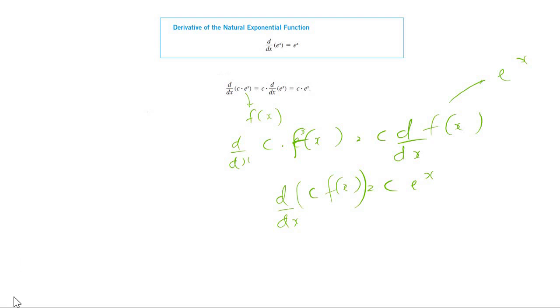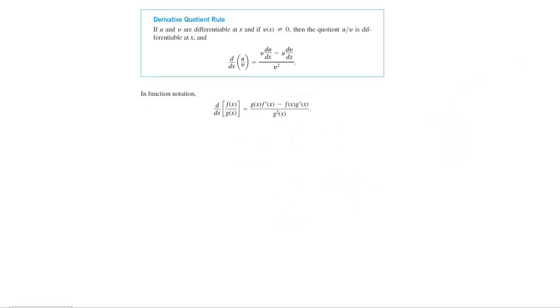Let's look at one more example. So we just saw the derivative of the product rule. Now we are looking at the derivative of the quotient rule. So if there are functions, one divided by the other, what happens?